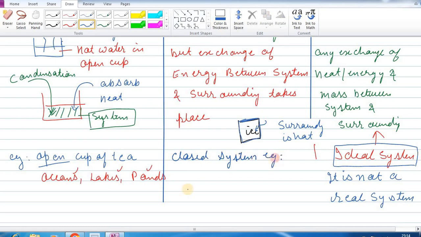Example: water in a closed bottle. Similarly, ice in a closed box.